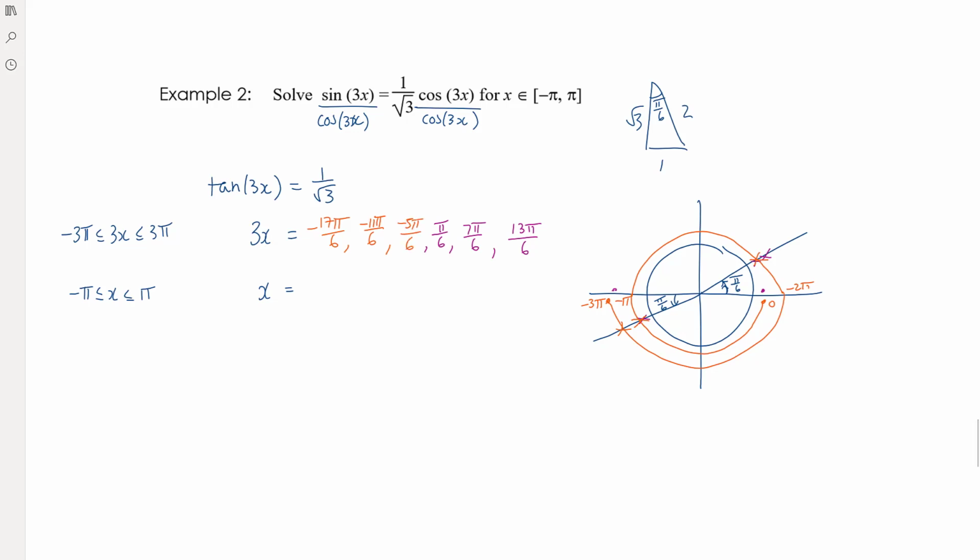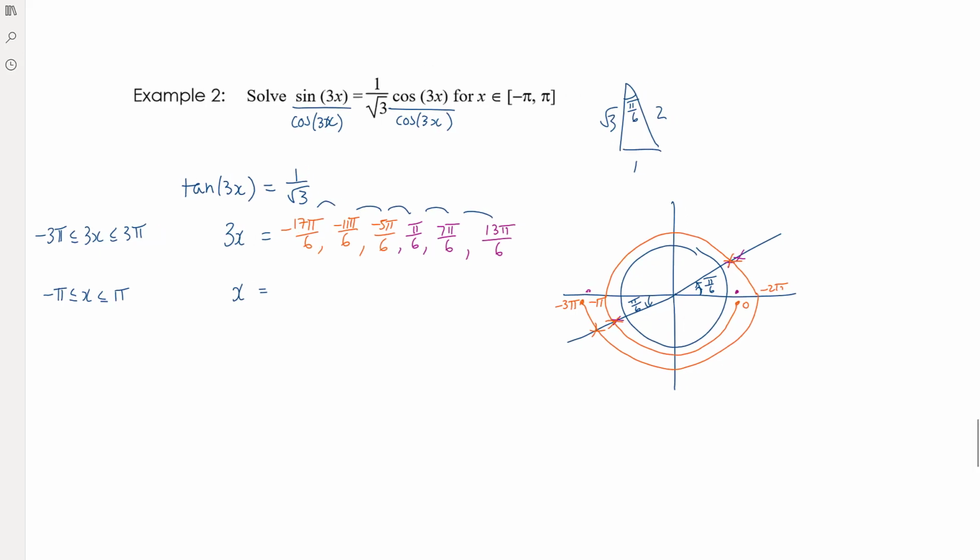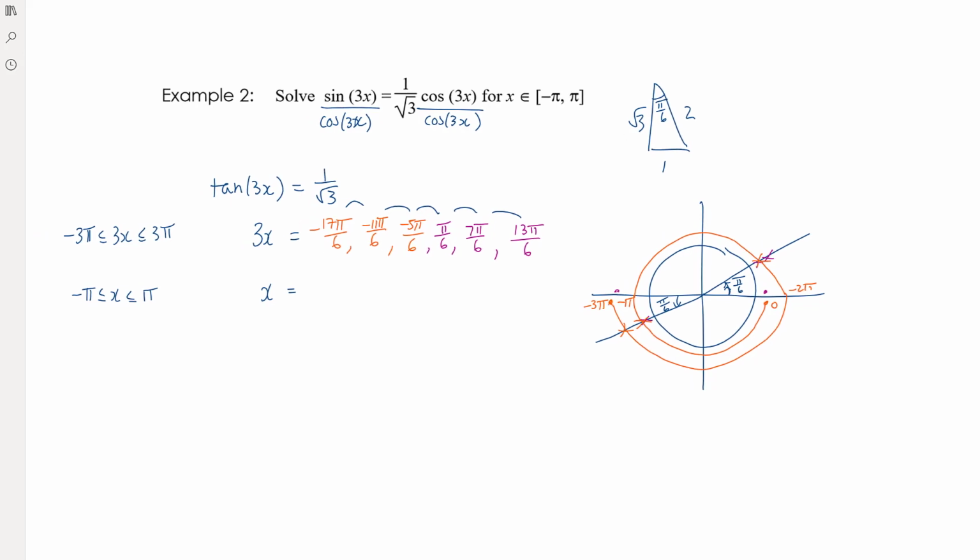Again, you can just add or subtract pi between each answer. We want to divide them all by 3, so our denominators are going to become 18. So we're going to have negative 17 pi on 18, negative 11 pi on 18, negative 5 pi on 18, pi on 18, 7 pi on 18, and 13 pi on 18. And so there are the solutions to the equation.